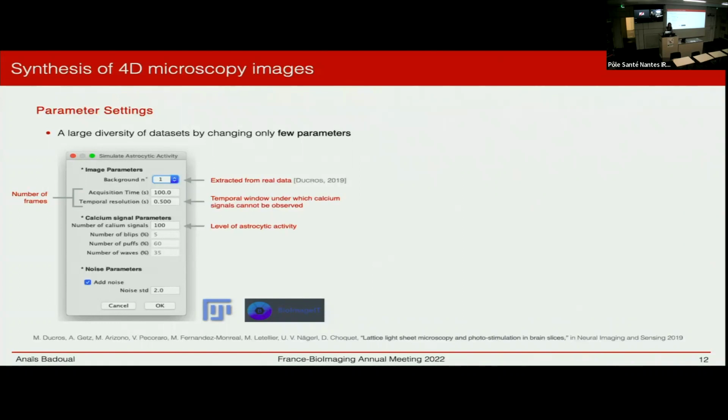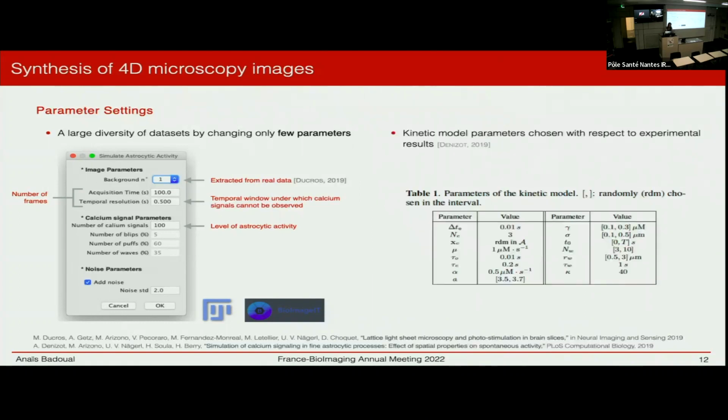And the last parameter is the number of stimuli, which controls the level of activity of the astrocytes. And all the other kinetic model parameters are fixed and chosen with respect to experimental results.